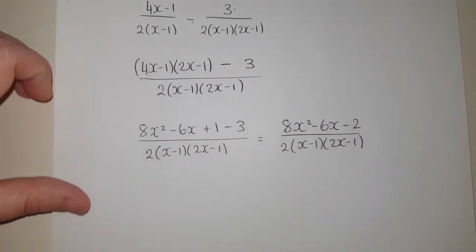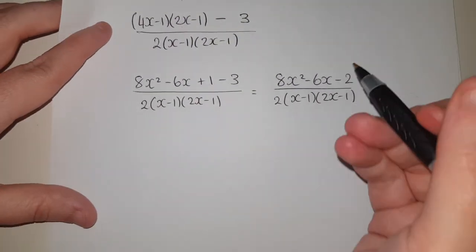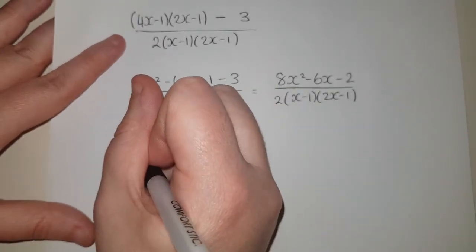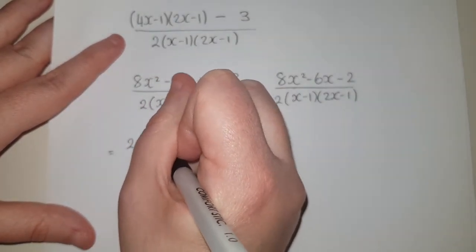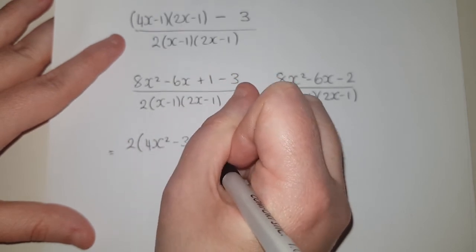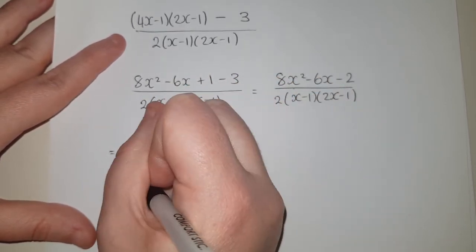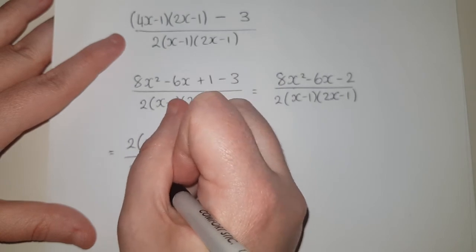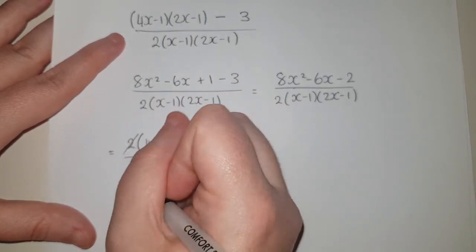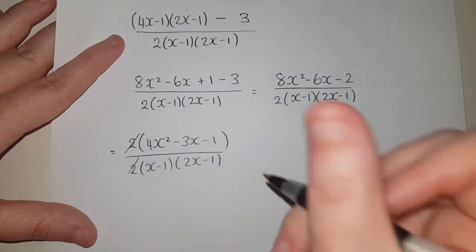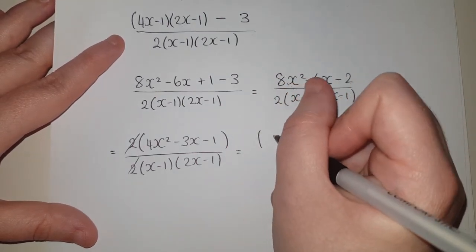Very first thing I'm going to do is factorise a 2 out of the top, just because that's going to then be able to simplify with that extra 2 on the bottom. So the 2's on the front of both cancel, and then we just need to factorise the top.